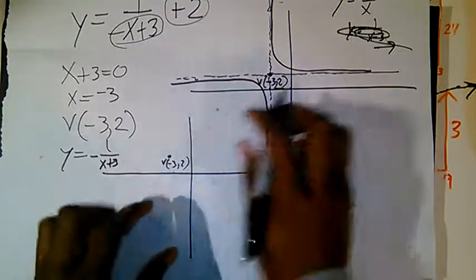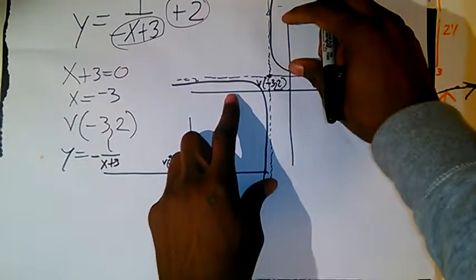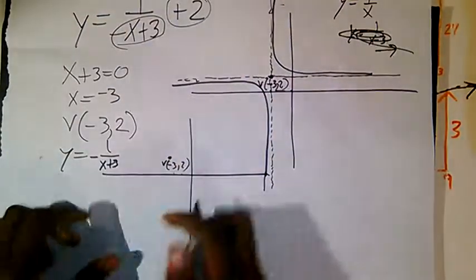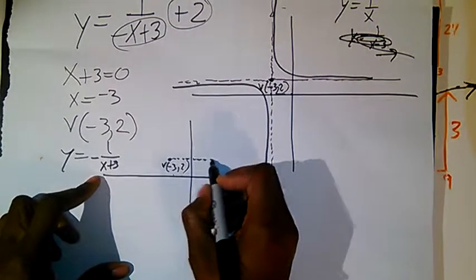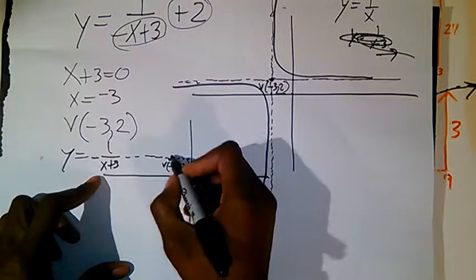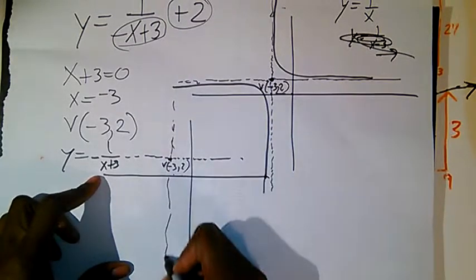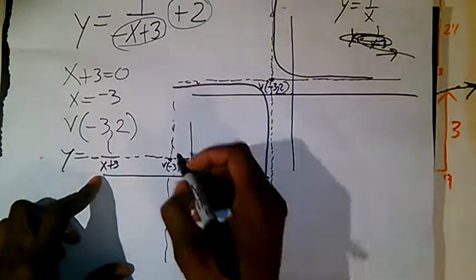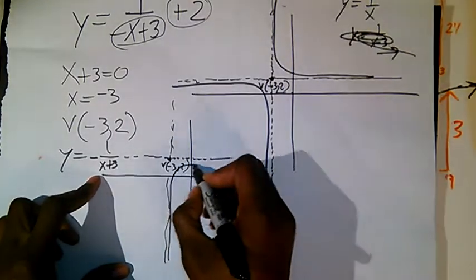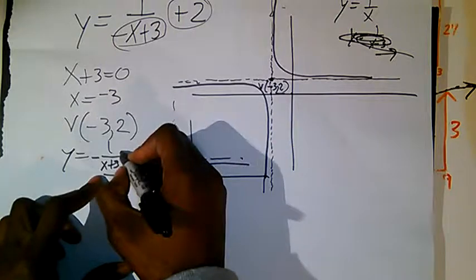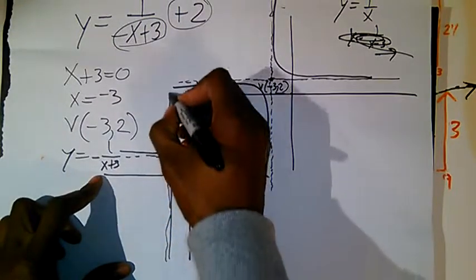Because it's negative, this is going to flip like that. Our invisible asymptotes, and it's going to flip like this. Oh, I should have graphed from left to right, but this is also correct.